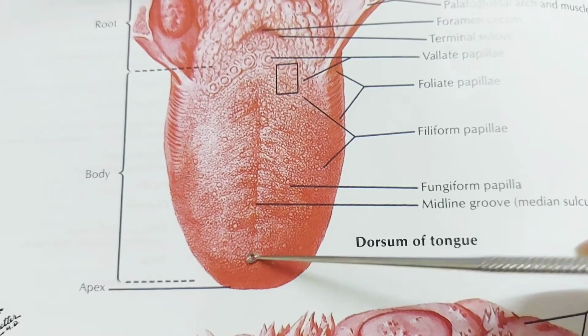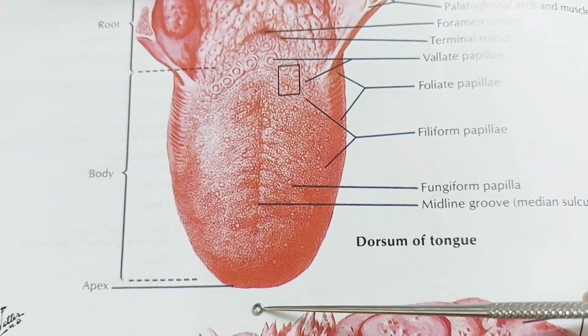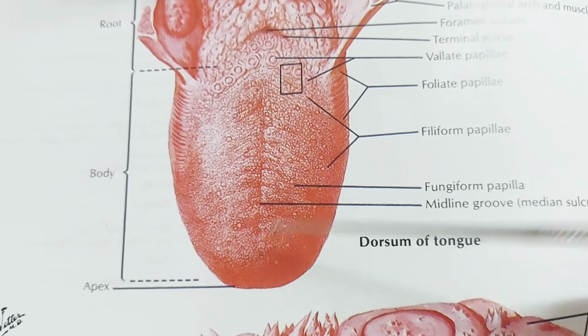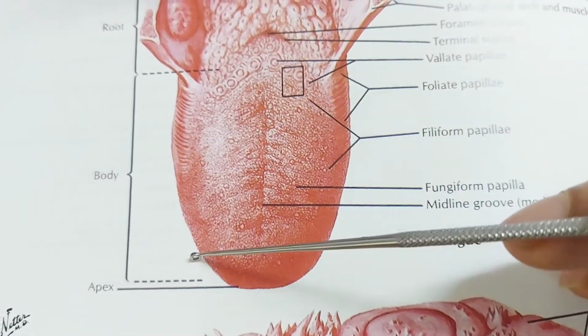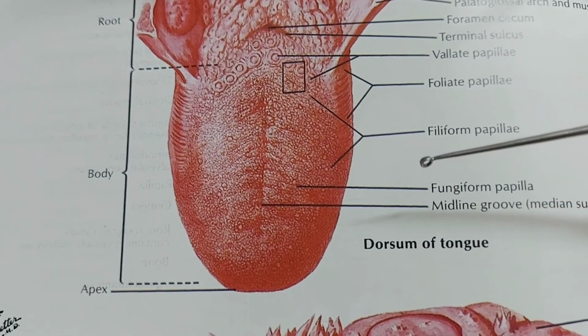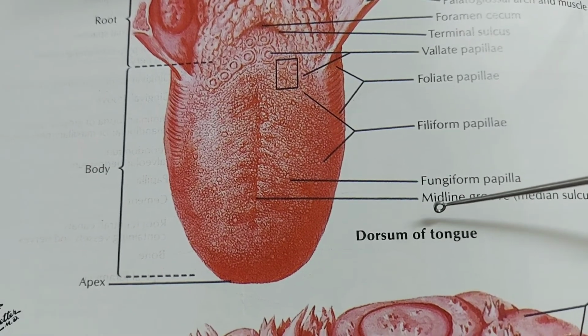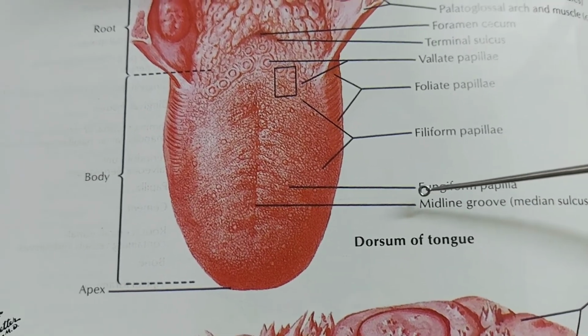So there is a bilateral lymphatic drainage to the submental lymph nodes from the tip of the tongue, and from the side of the tongue they go to the submandibular lymph nodes. These are the anatomical features of the tongue.